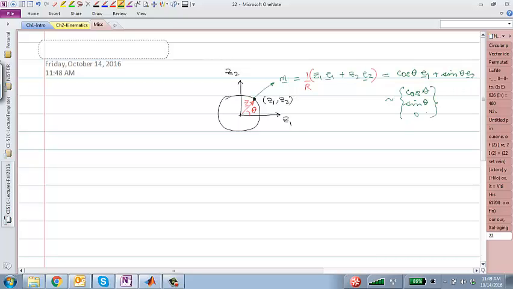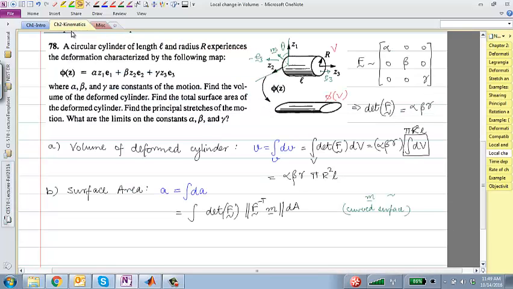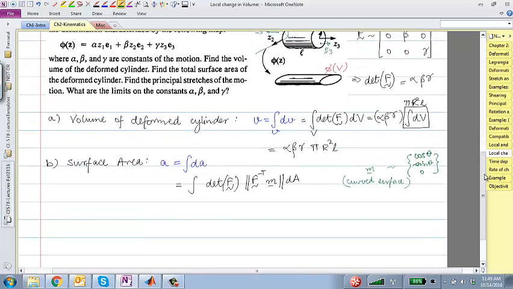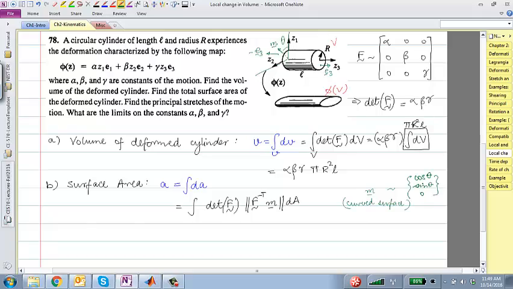No component in the E3 direction on the curved surface, right? And this is hopefully something that you've seen before. So we'll write that here in the component form. This is cosine theta, sine theta, and 0. And the other two normals are E3 and minus E3.